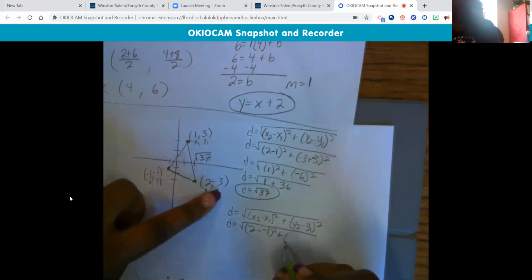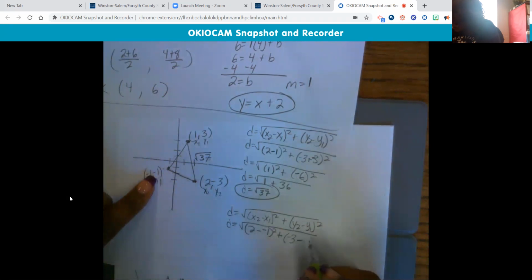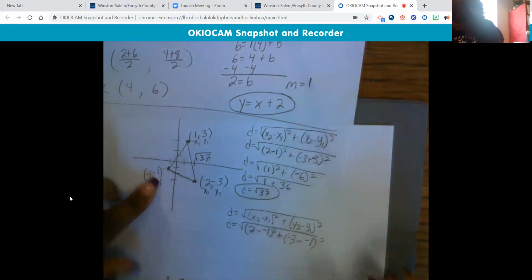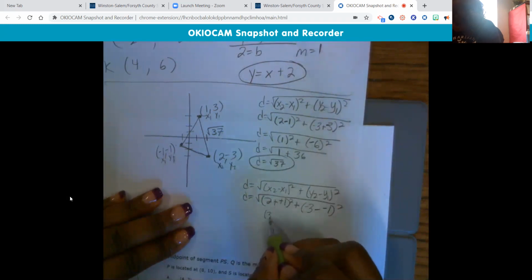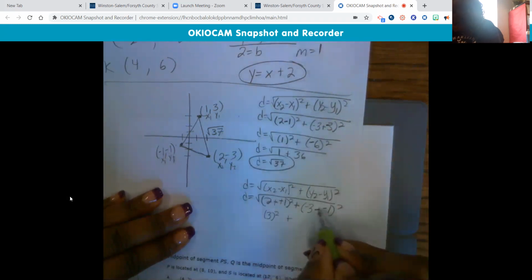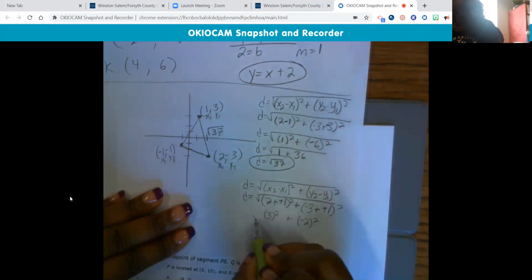This is -3 minus -1 and square it. Okay, so this is going to be 3, square it, plus this is going to be a -2, square it.